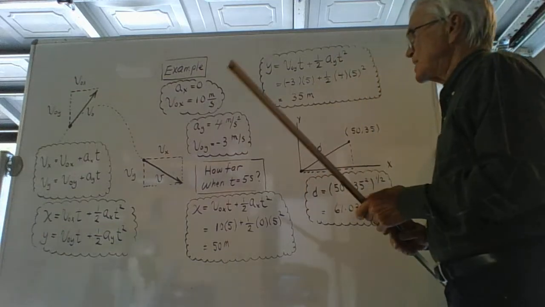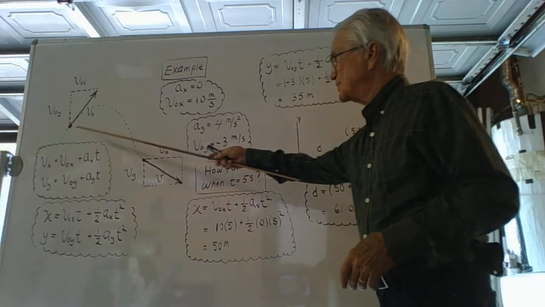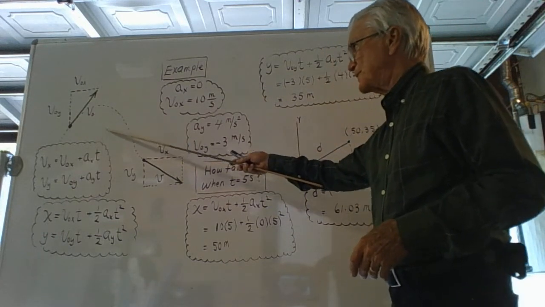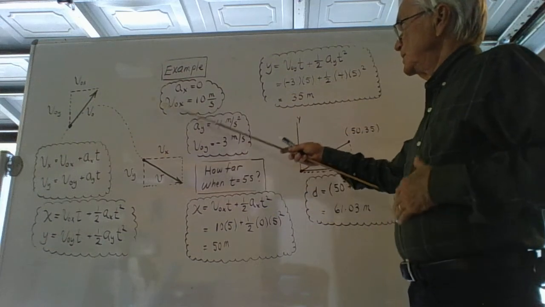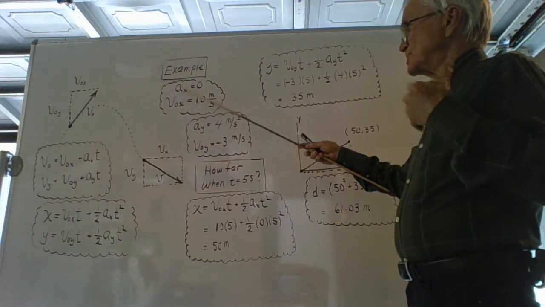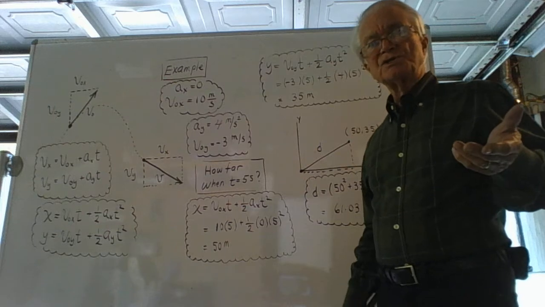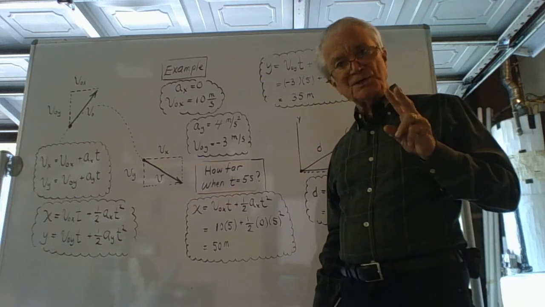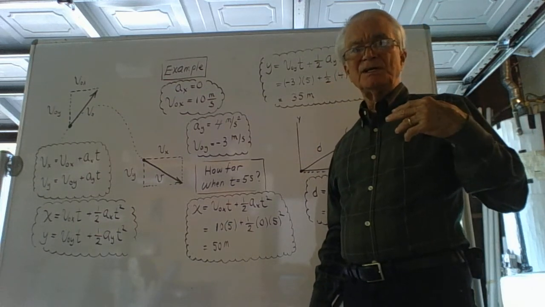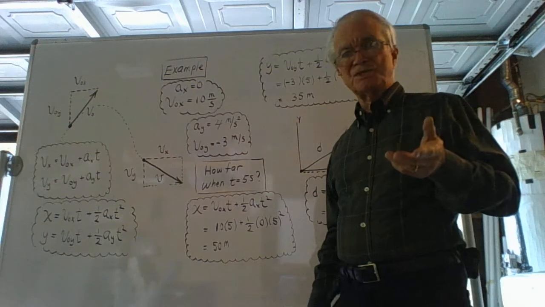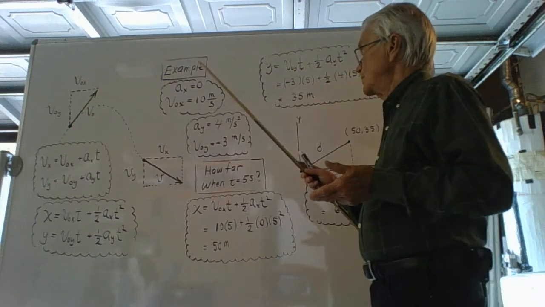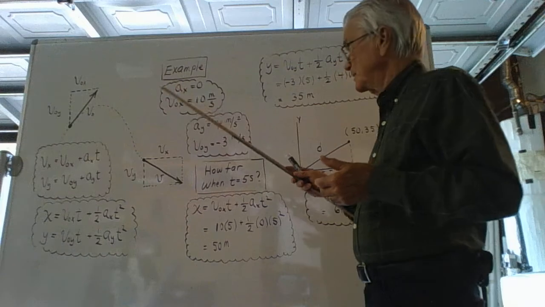All right, let's work a sample problem that has nothing to do with this particular general path that I asked you to look at. We imagine that our object is initially at the origin of our two-dimensional coordinate system. It's at the origin 0, 0, when we first look at the particle.